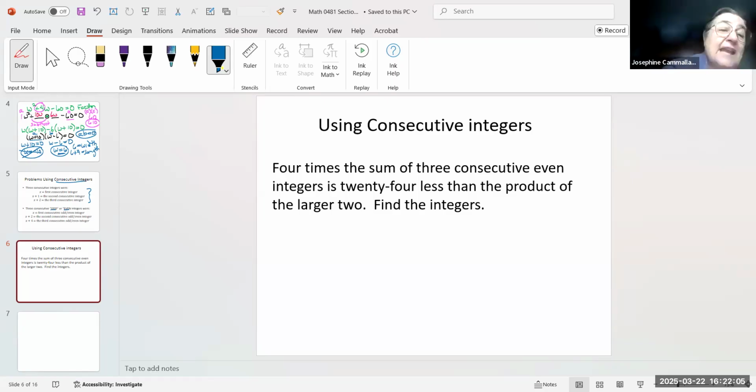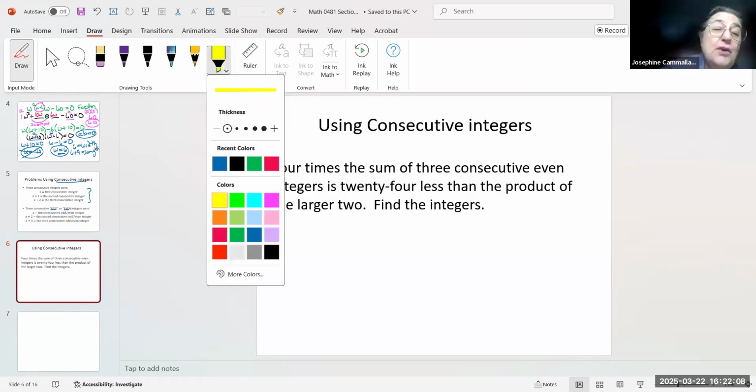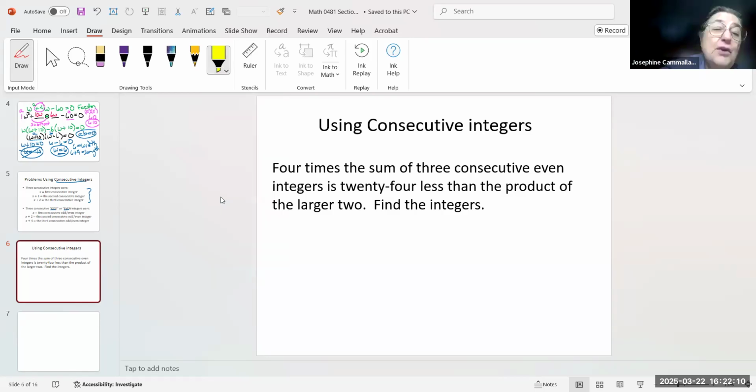Now I'm going to go back and do a little highlighting here. 4 times the sum of 3 consecutive even integers is always an equal sign, 24 less than the product of the larger 2.